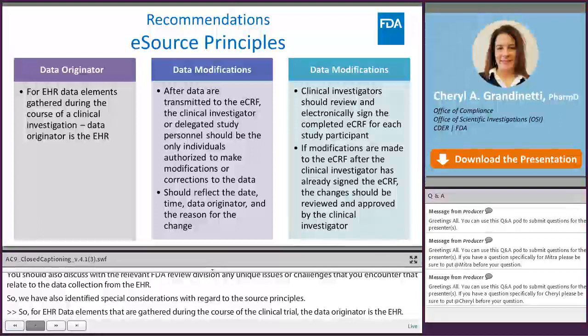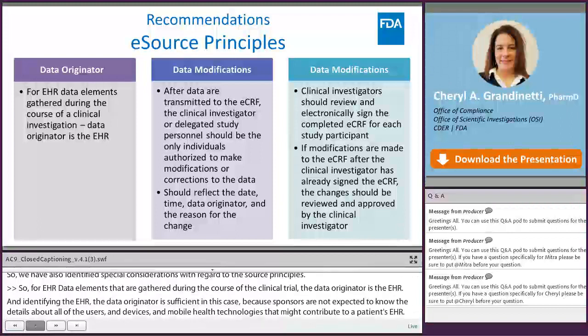In terms of data modification, after data are transmitted from the EHR to the EDC system, the clinical investigator or the delegated study personnel should be the only individuals authorized to make modifications or corrections to the data. And these modifications should reflect the date, time, data originator, and reason for the change.